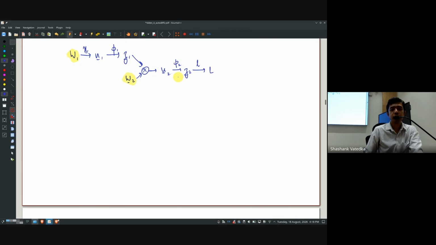So let's focus on this particular step here. I've found the partial derivative of L with respect to U2, dL by dU2, which let me just call U2 bar.